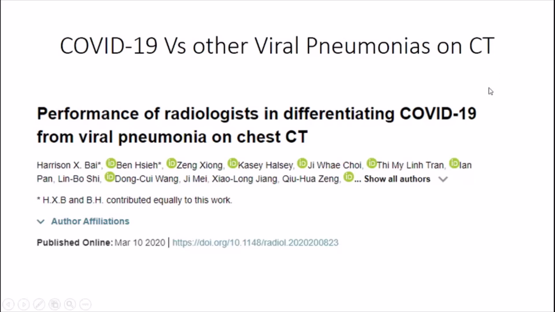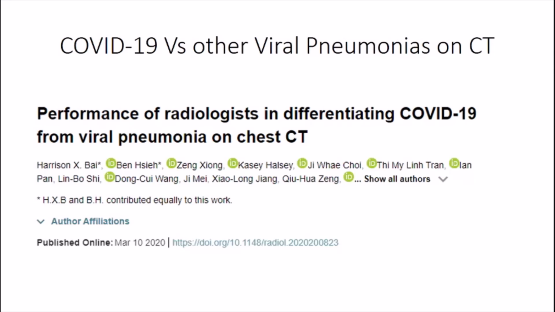Now, maybe the most important part is, okay, let's say we want to use CT scan to diagnose COVID-19 according to what I have mentioned in the previous slides and the most common findings.